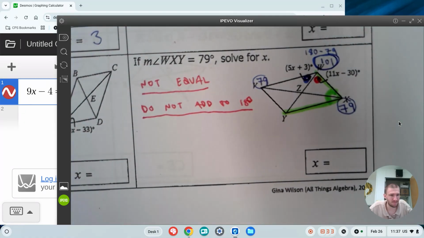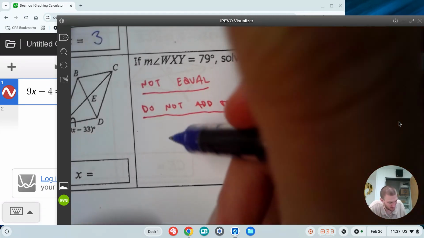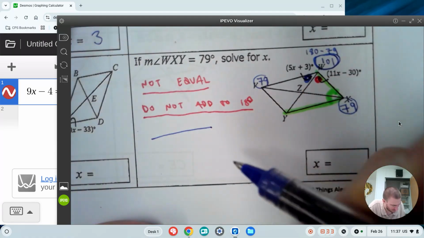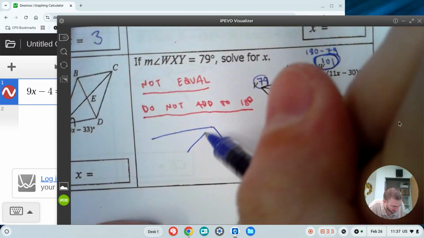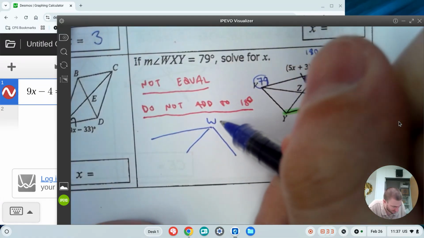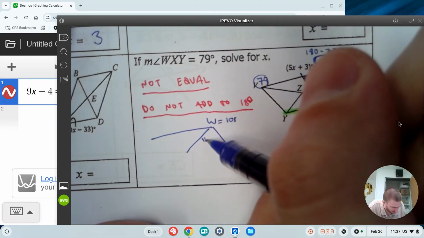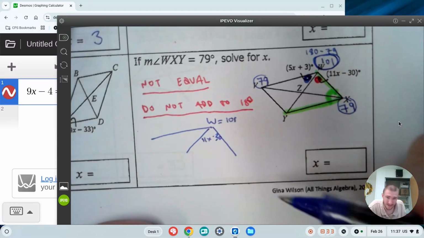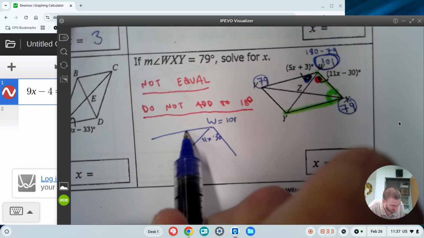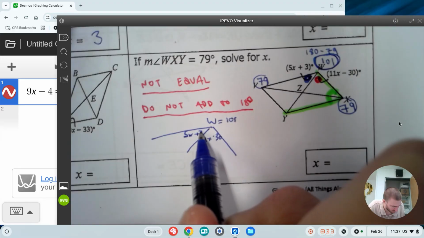Now, unfortunately, the question is not over yet, okay? We just figured out, I'm going to kind of draw the picture a little bit bigger here, that W equals 101. That this little one here is 11x minus 30, and that this one here is 5x plus 3.